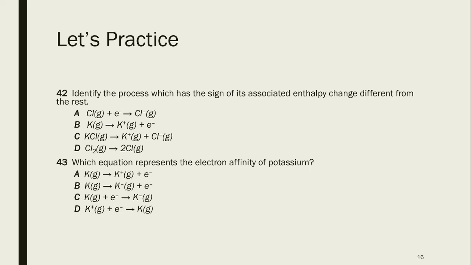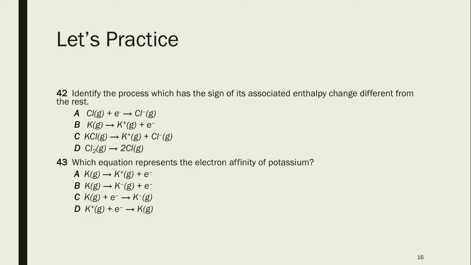That's negative. B, we're taking potassium and turning it into a potassium ion, and it's losing an electron. That is ionization energy. Ionization energy is an endothermic reaction. That is positive. Letter C, we have potassium chloride breaking up into its potassium ion and chloride ion. That is lattice enthalpy.